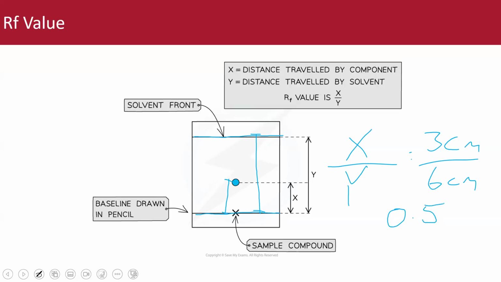And in your exam, if you ever work out an RF value that is bigger than 1, you've done it wrong. And if you work out an RF value that is negative, you've also done it wrong. So that'll be the calculation that'll come up to do with chromatography.